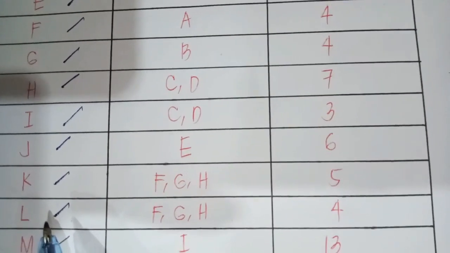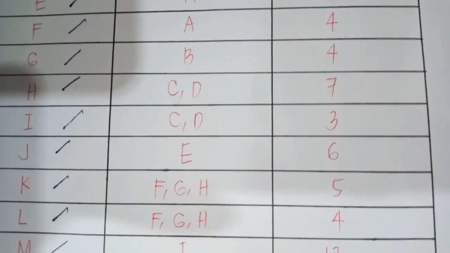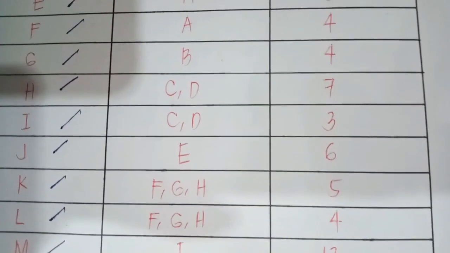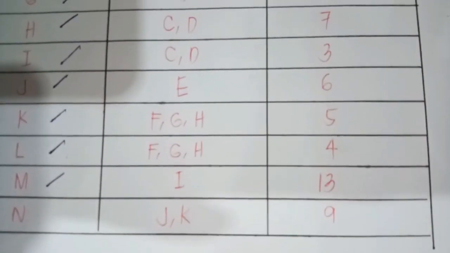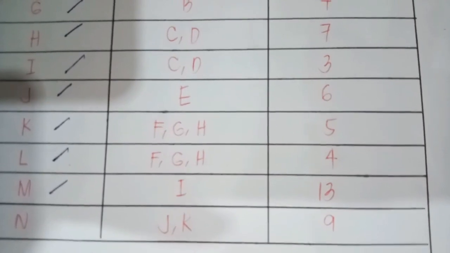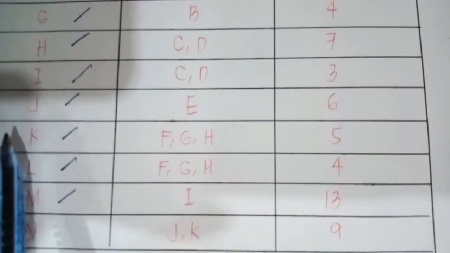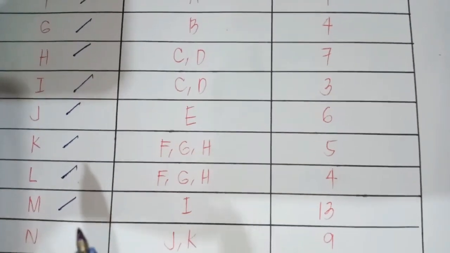And again, like I said earlier, we need to see to it if activity L is an immediate predecessor of any other activity. Now, as you can see a little below, no, it is not. Now, that being said, L is an independent activity, but take note that L starts where F, G, and H end.